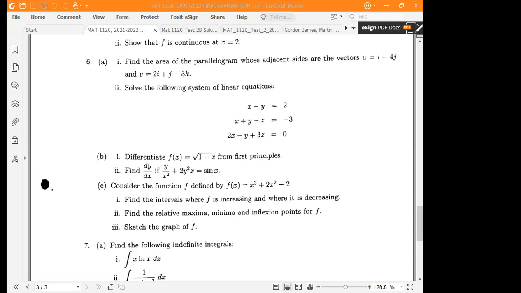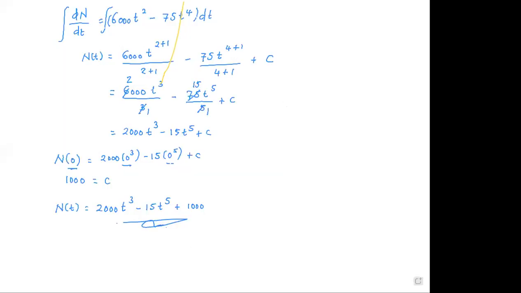So f of x is equal to x cubed plus 2x squared minus 2.